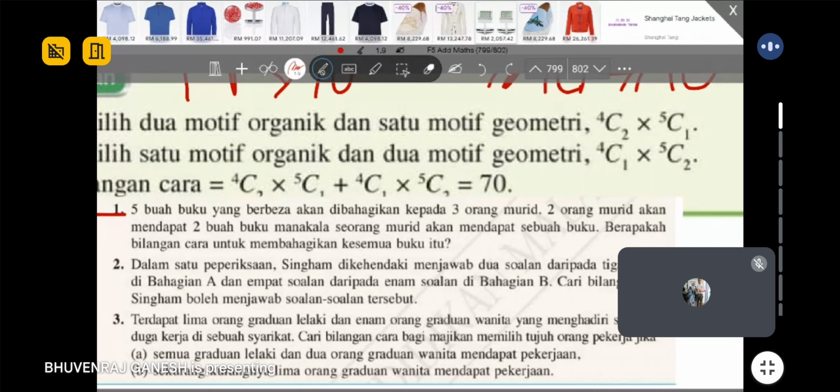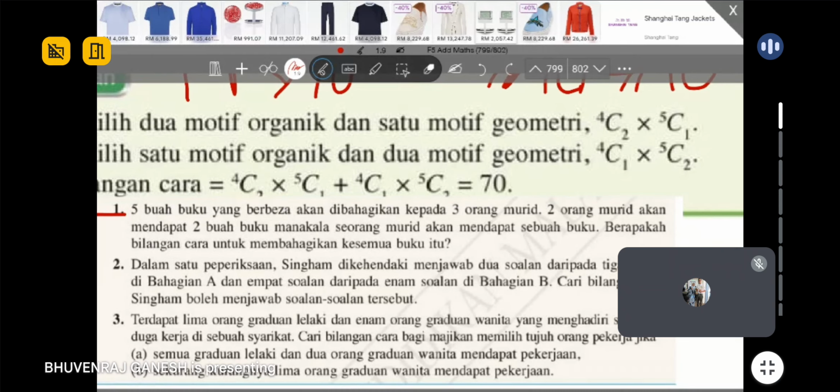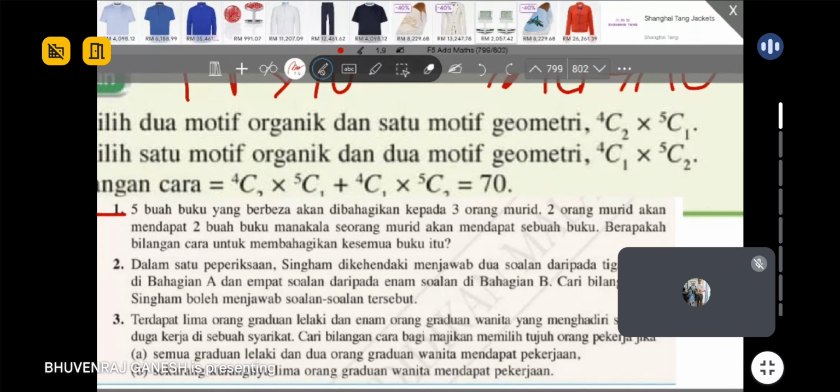So how should I do this? What is the approach? Or you can tell me final answer. This question is slightly confusing because of the sentence structure. Because they say like total 5 people, they divide to 3 people, 5 books, and then 2 people get 2 book, 1 person get 1 book.